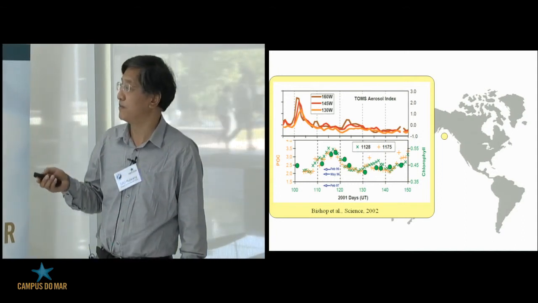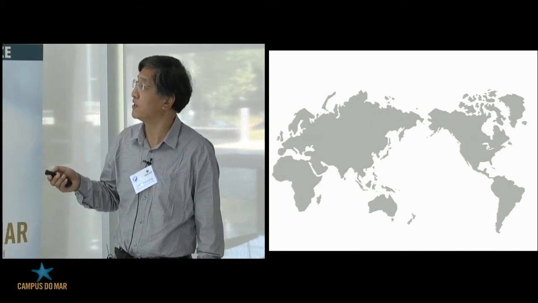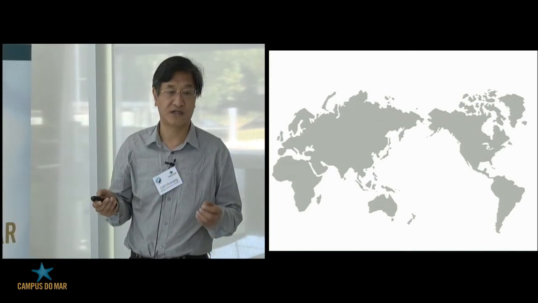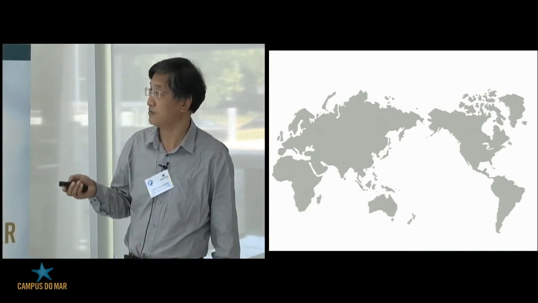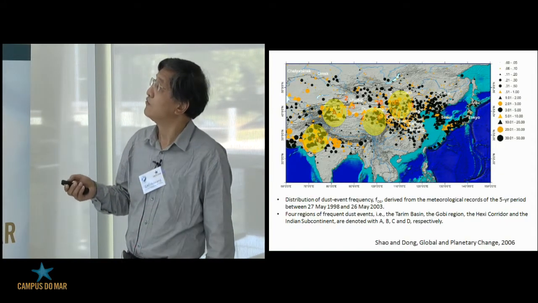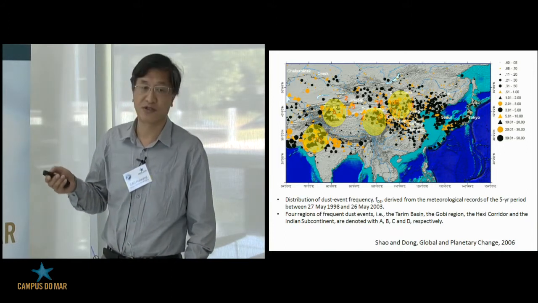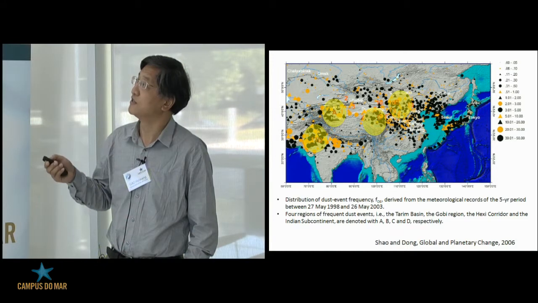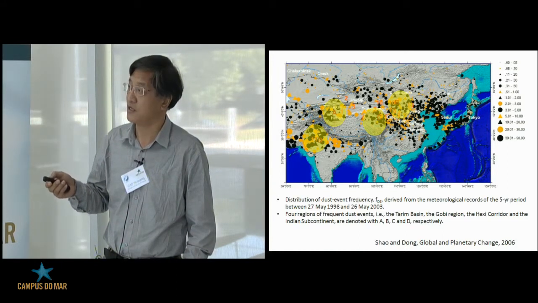Also, we have some other studies in different areas, for example here and here, which show that Asian dust does have some relation with chlorophyll blooms. For the Asian dust, we have 4 major sources. This one is the Taklamakan Desert. This is the Gobi Desert. This is the Hexi Corridor. This is the Indian continental.